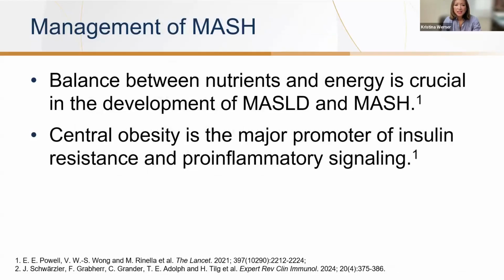So how do we manage MASH? The balance between nutrients and energy is crucial in the development of MASLD and MASH. We know that central obesity is the major promoter of insulin resistance and pro-inflammatory signaling. So, step by step, of what we currently know: there's obesity, especially central visceral fat. There's insulin resistance, type 2 diabetes, dyslipidemia, high triglycerides, low HDL, high LDL, and other multiple risk factors.